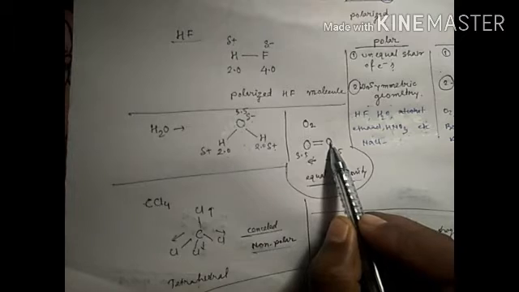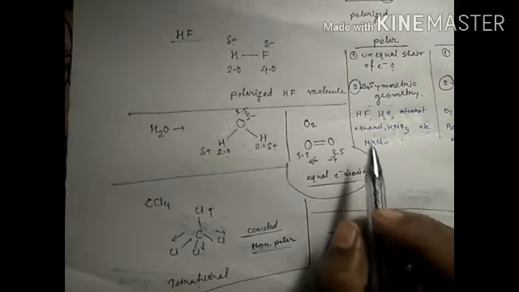But if we see the O2 molecule, here both the atoms are the same or identical, that means both oxygens have an equal tendency to pull electrons towards themselves, which cancel each other, and the molecule remains unpolarized and becomes non-polar.